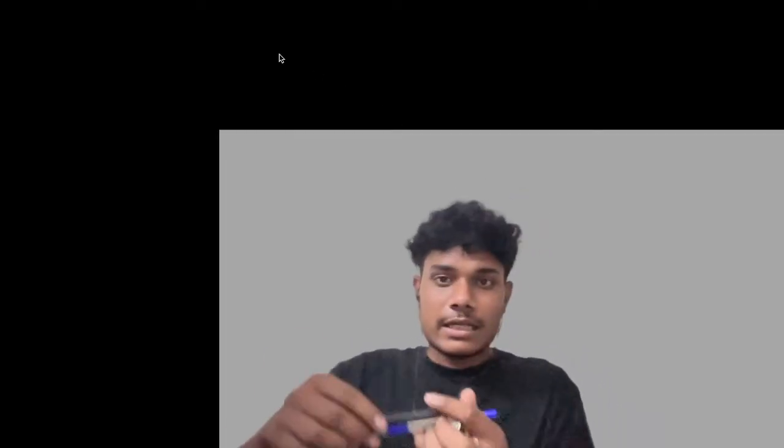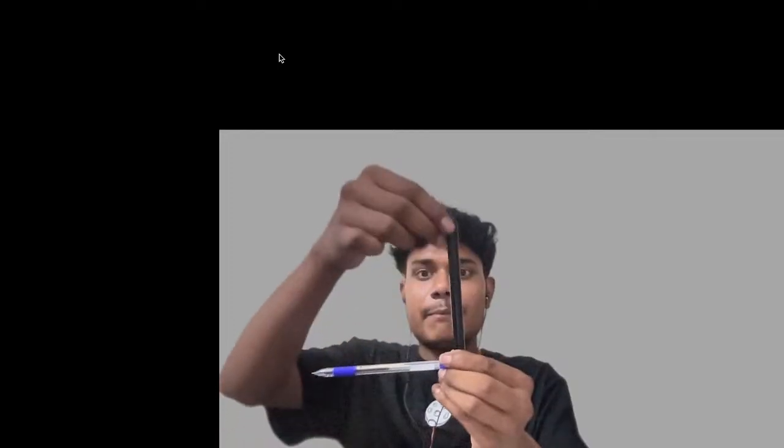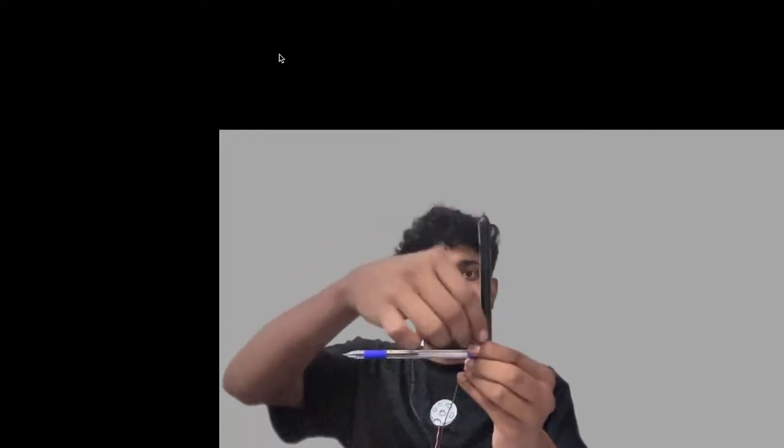let me increase the, okay, if you see, here is our magnetic field. The magnetic field is in this direction, and this is the perpendicular component of our velocity.